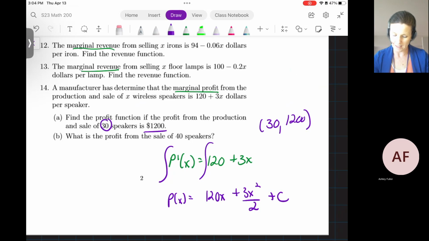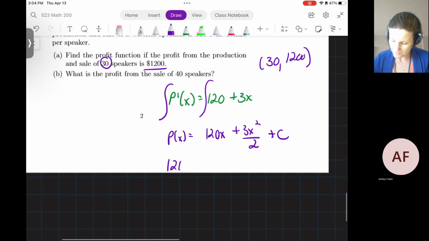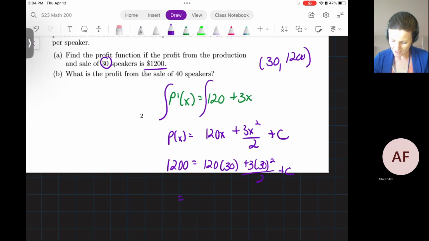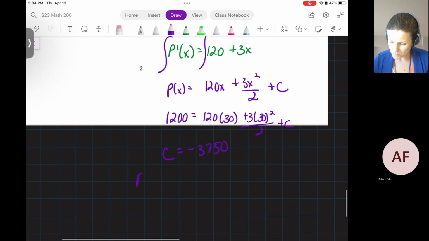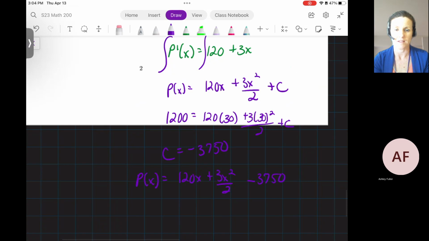So when I plug in those two values, I have 1,200 equal to 120 times 30 plus 3 times 30 squared over 2 plus c. Solving that for c, you're actually going to get a c value of negative 3,750. We can then write our actual profit equation to be 120x plus 3x squared over 2 minus 3,750.